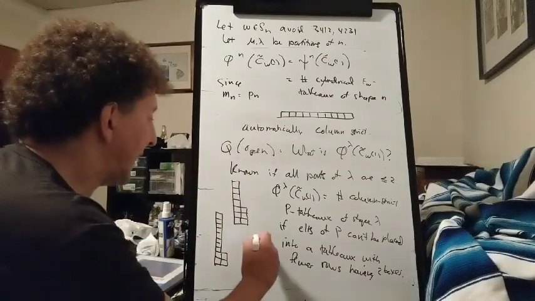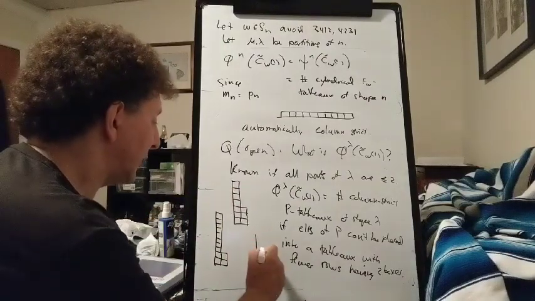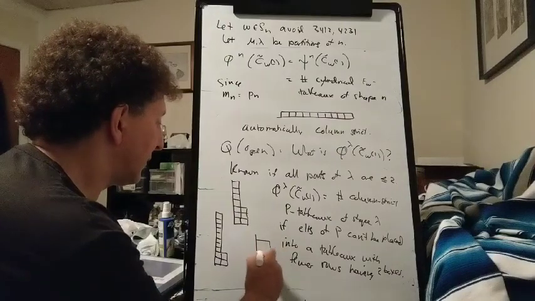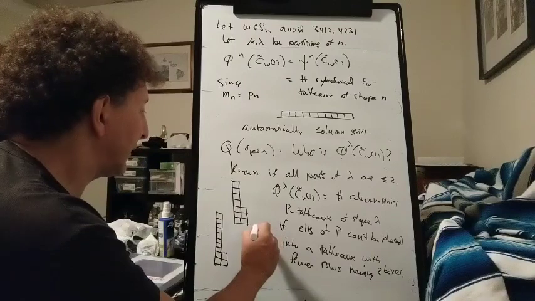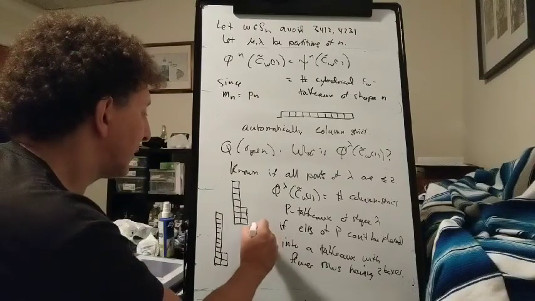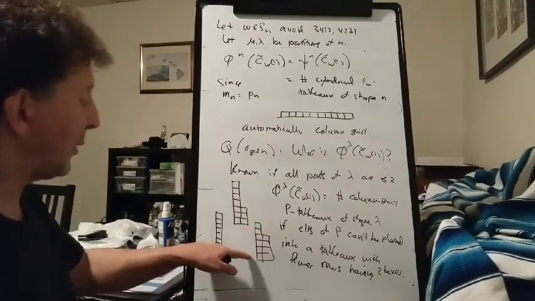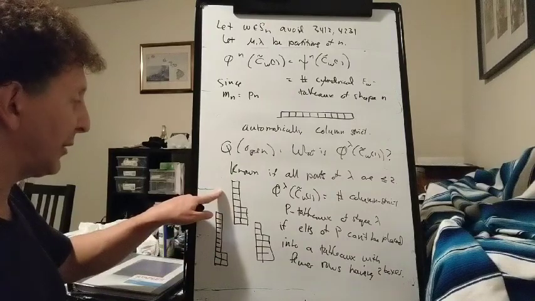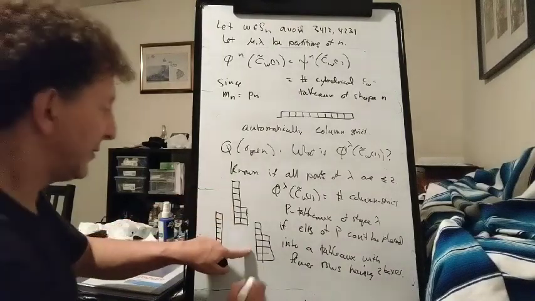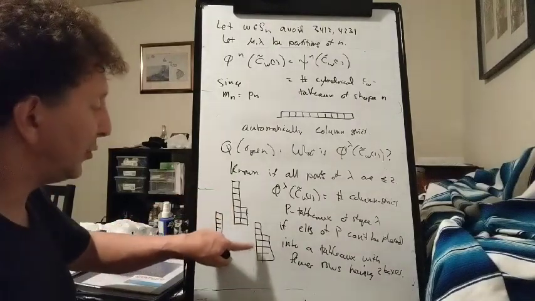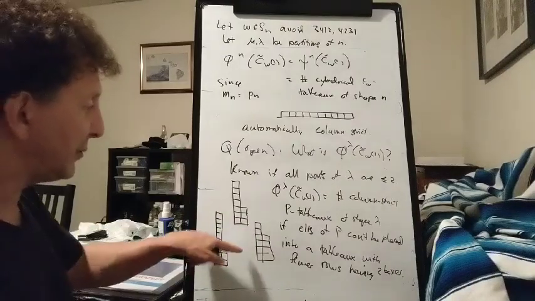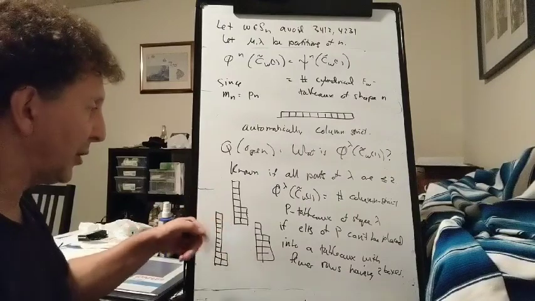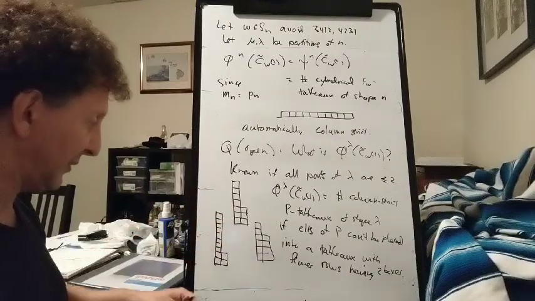But if we can put them into a column strict tableau like this, and we can also put them into a column strict tableau like that, then phi^(2,2,2,2,1,1) is going to be 0. Because it has to be the skinniest tableau that the poset elements can be placed into.